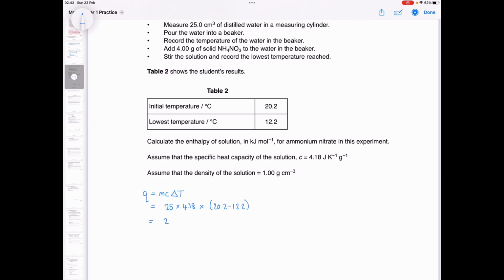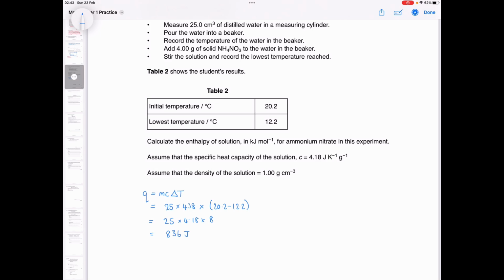So we have 25 times 4.18 times 8, which equals 836 joules of energy that's given out.